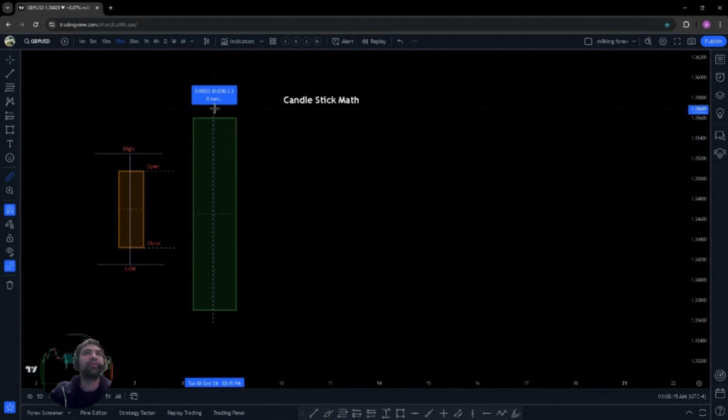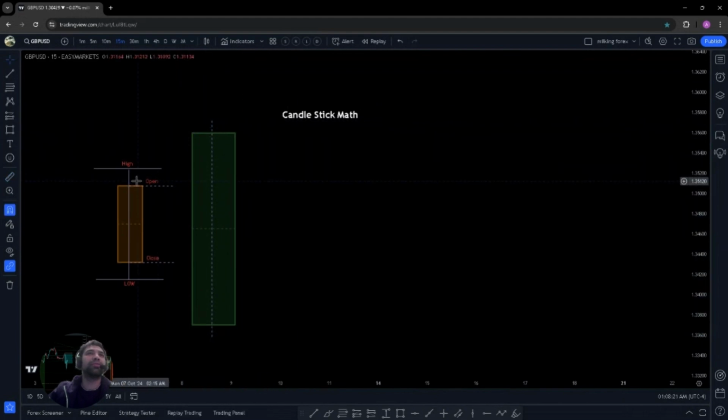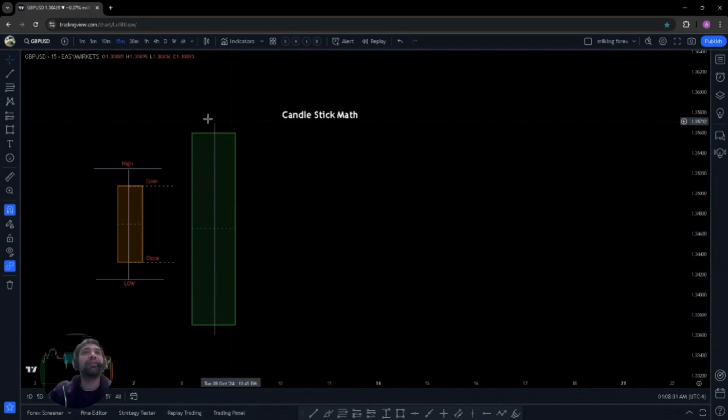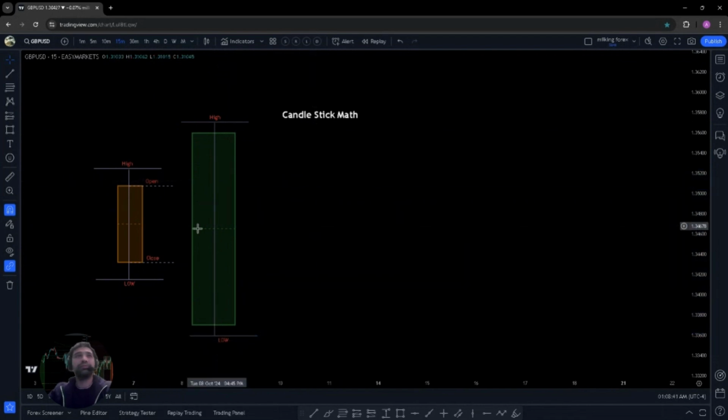And this is the wick. This is actually the wick inside it. We could have put this wick here for your better understanding, because I hope there would be some people wondering why I've made it like that. Anyway, now let's consider that this is the high, this is the low. As we know that it is a bullish candle, this would be the open of the price, and this would be, sorry, the close of the price.